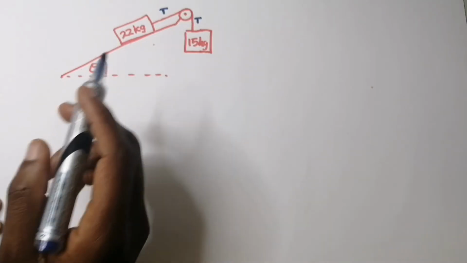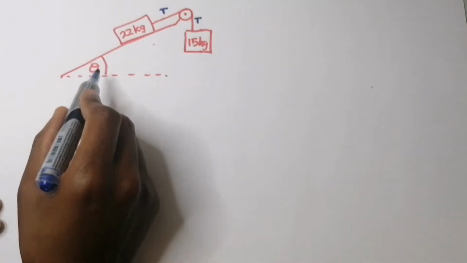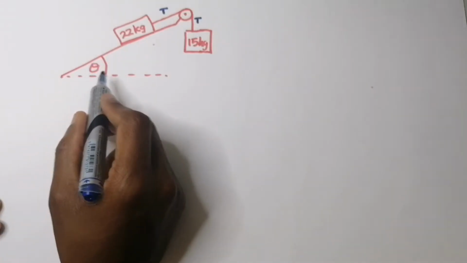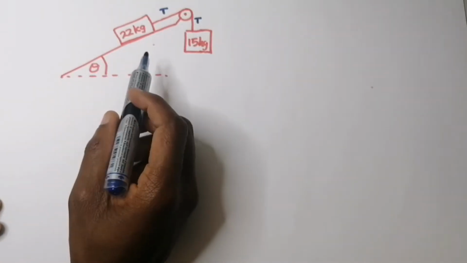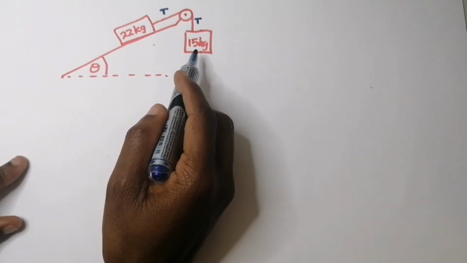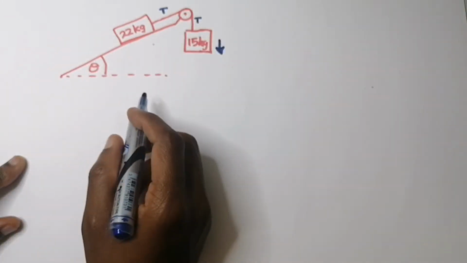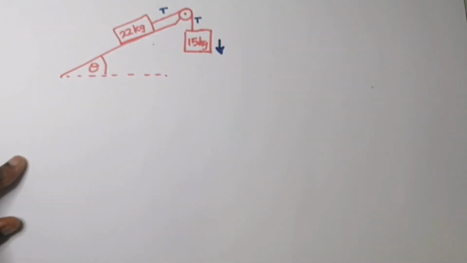the diagram. Okay, so they say when the inclined surface is at an angle of theta to the horizontal, the 15 kilogram block moves downwards. Okay, so we know this block therefore moves downwards, and they say at a constant velocity.